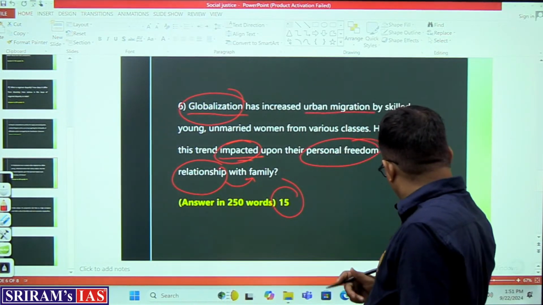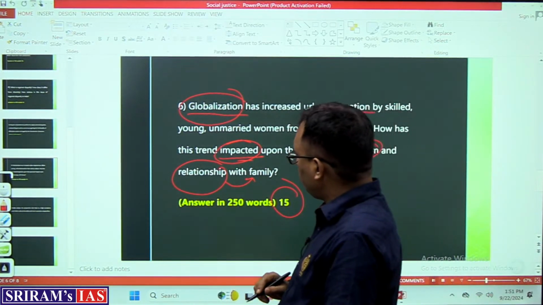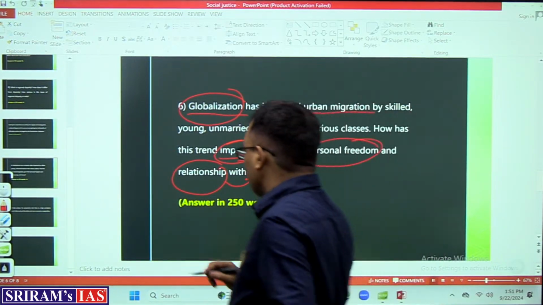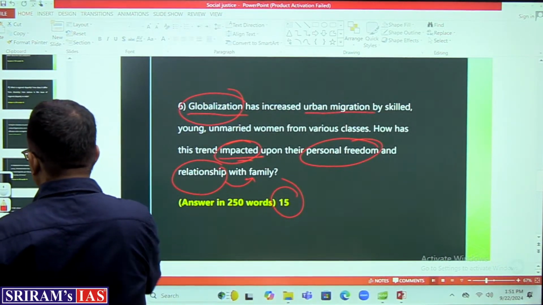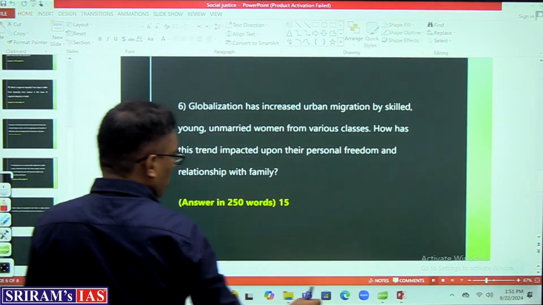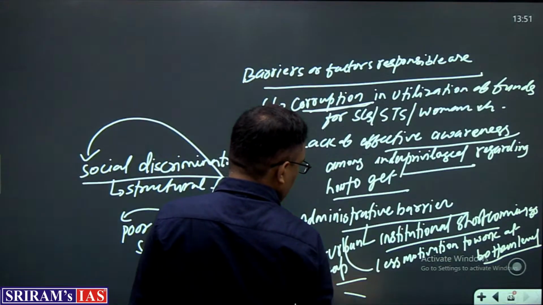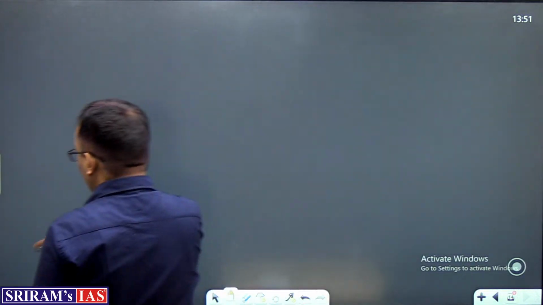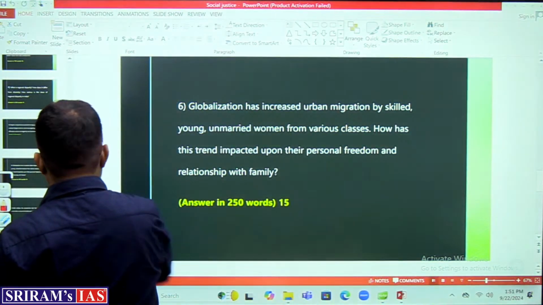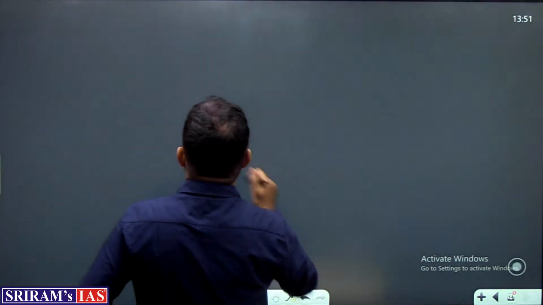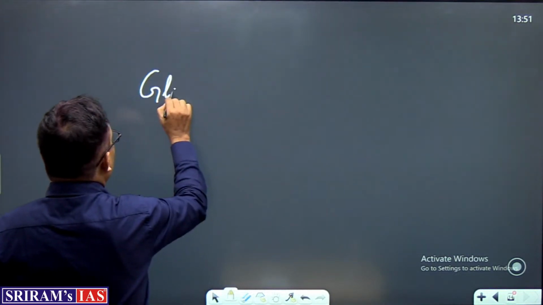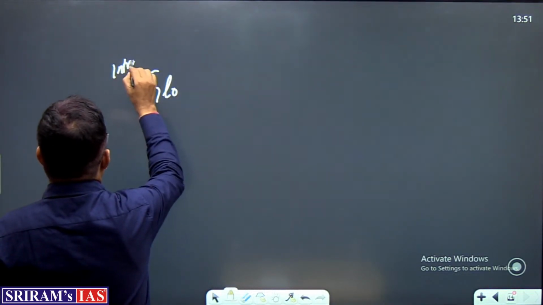So the way we can do it is, first we can define globalization in the introduction part.